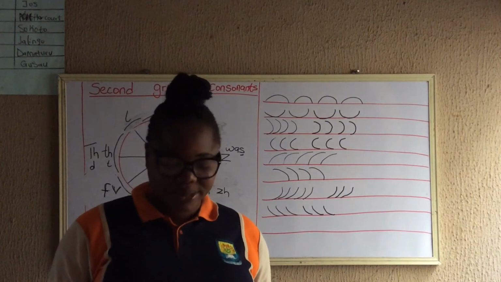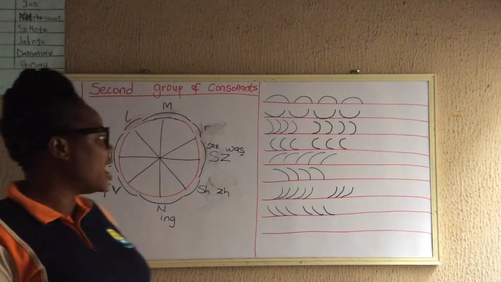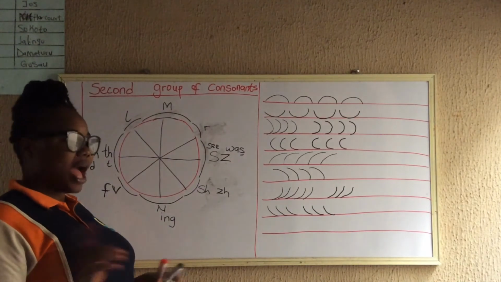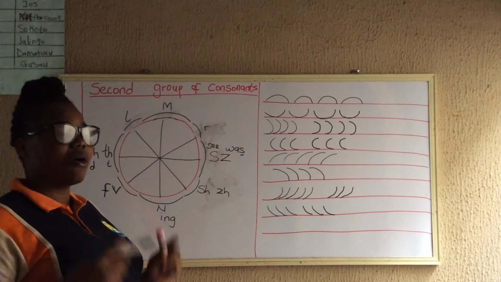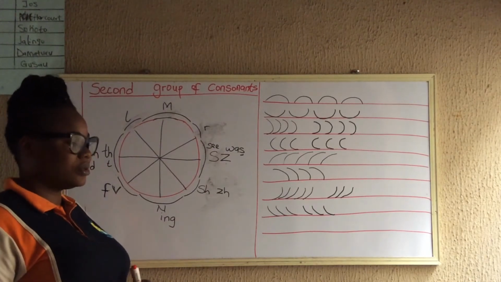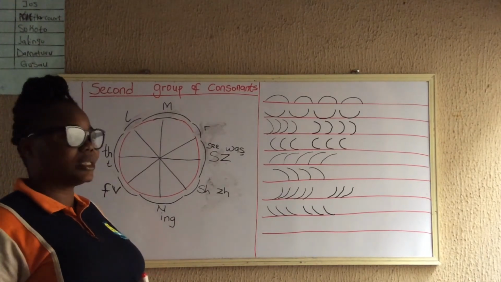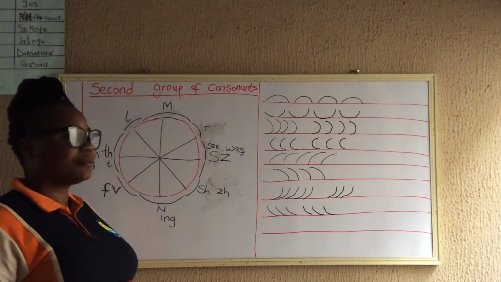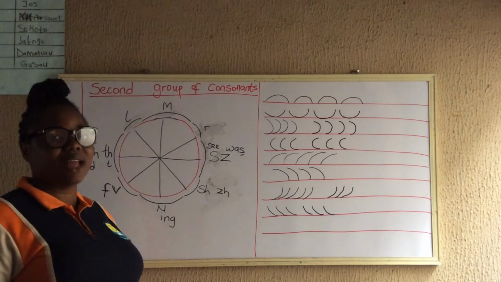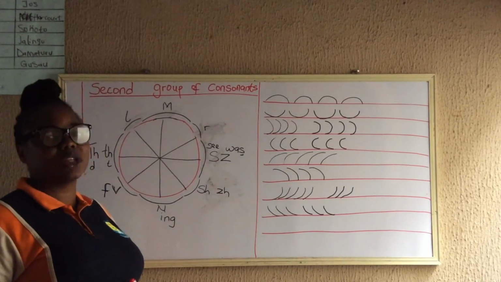But before that, I've given you 8 consonants before. I told you we have 24 consonants. I've given you 8 in your previous lesson. Now let's count this and let's know the remaining consonants.